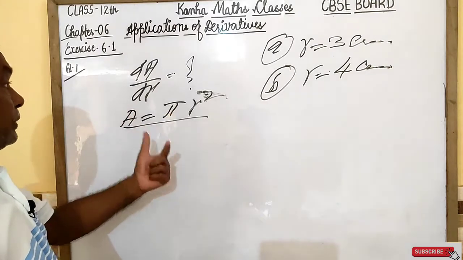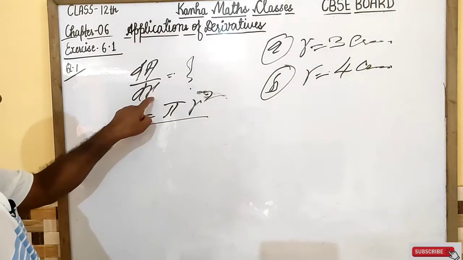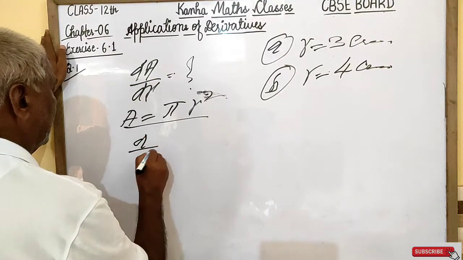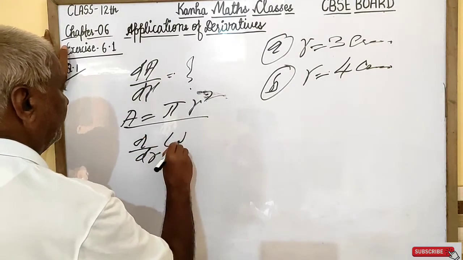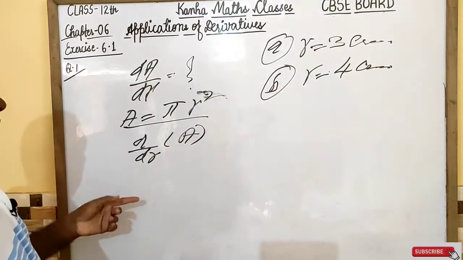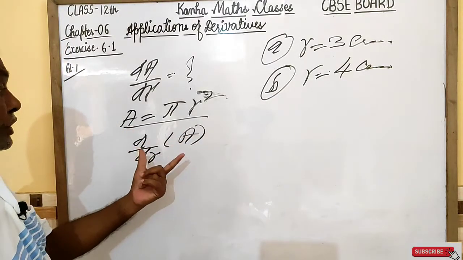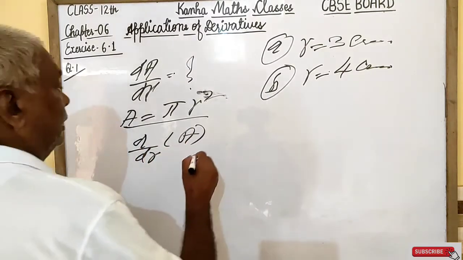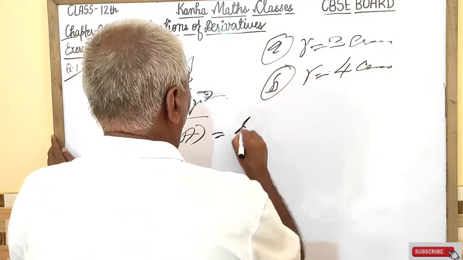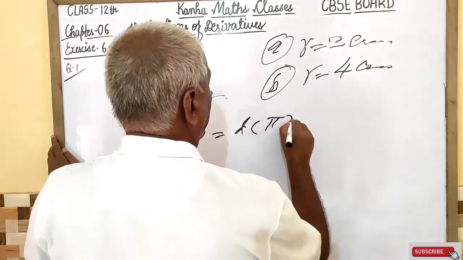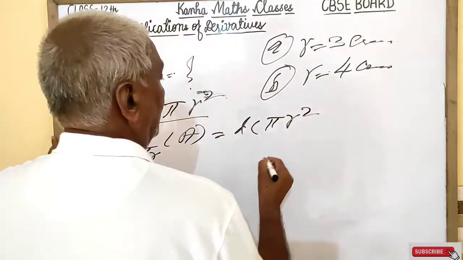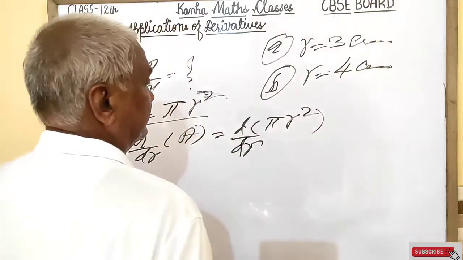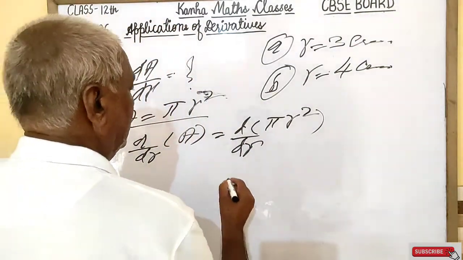So what is the rate of change of the quantity with respect to radius? Now d by dr of A. Any enhancement or increase in the area of the circle with respect to the radius, we have to find d of A, meaning pi r square, upon dr. It's a very simple derivative.